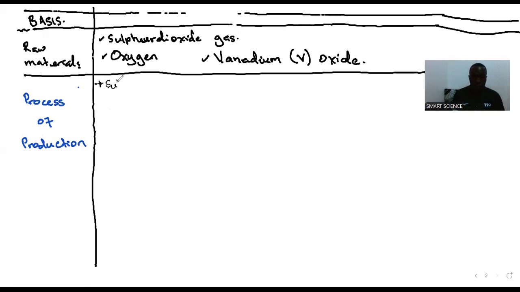So first and foremost, sulfur dioxide is going to be purified to prevent catalytic poisoning.